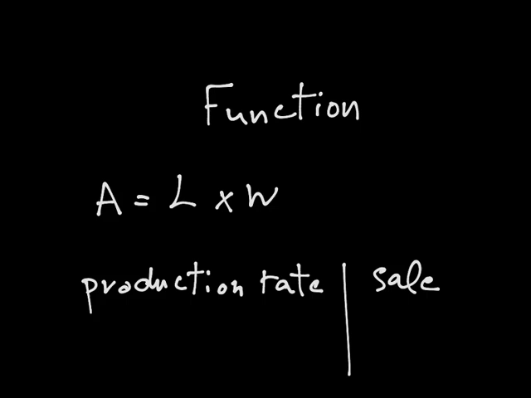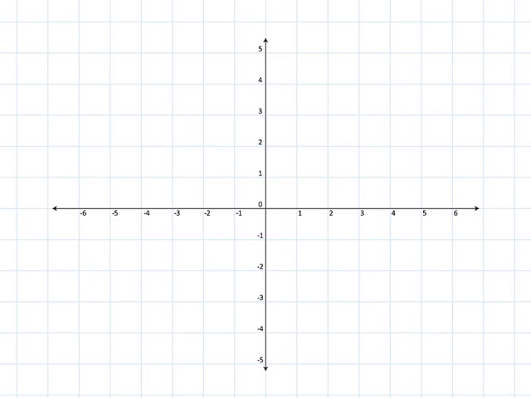Let's say we have x and y values, and y is a function of x, and the x values are given as 1, 2, and 3, and we have a graph function as shown, and we need to find f of x or the y values based on this graph function.